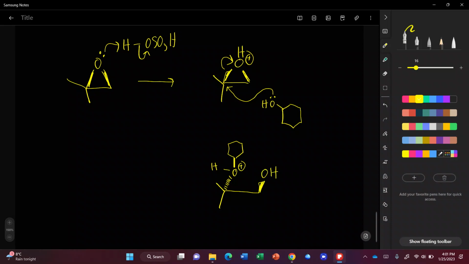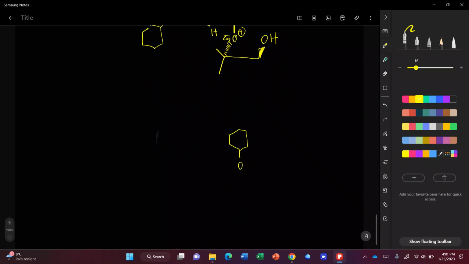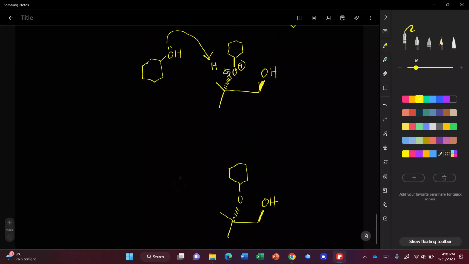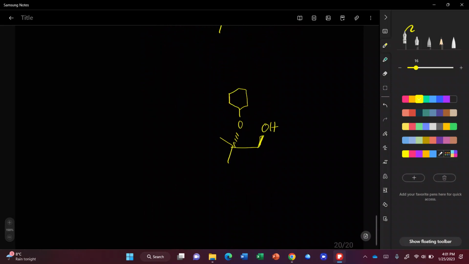And again, you're just going to get another one of these molecules to deprotonate that OH for you. Alright? So that would be how you get this product. Right? So hopefully that makes sense. All right.